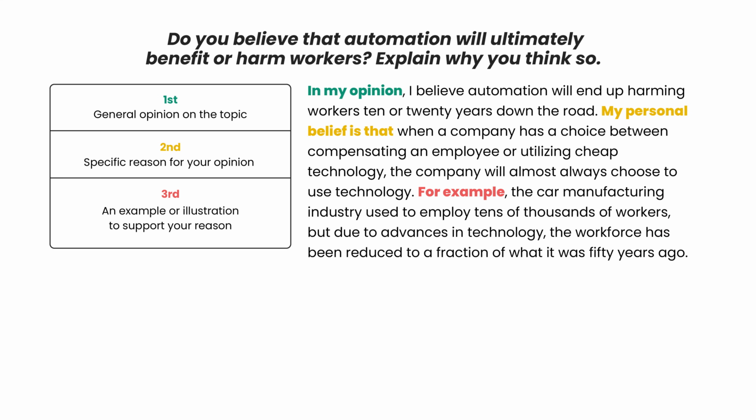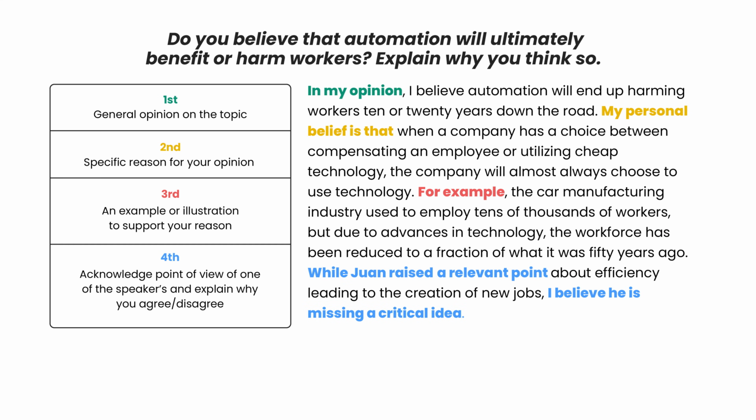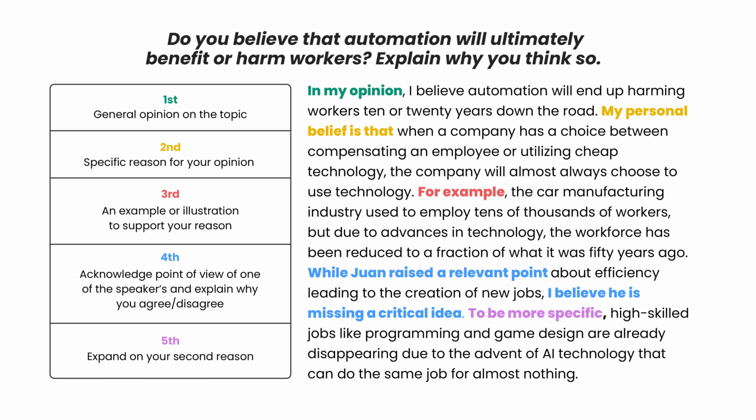After that, you want to acknowledge the point of view of one of the speakers and explain why you agree or disagree. So this template will work for agree or disagree, but we're going to talk about disagree here. While Juan raised a relevant point about efficiency leading to the creation of new jobs, I believe he is missing a critical idea. So I'm going to expand on this critical idea that Juan is missing, and I'm going to use the phrase to be more specific.